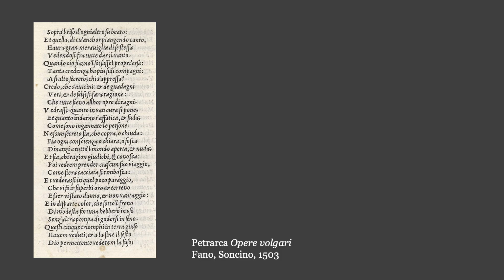We know that he's said to have broken up with Aldus and moved to the town of Fano, which is on the Adriatic coast, a little further south, to work for a certain Soncino, and this is the italic that Soncino got from him. Far fewer ligatures, by the way, a double F ligature, but not many others, and I think it improves the look of the type.